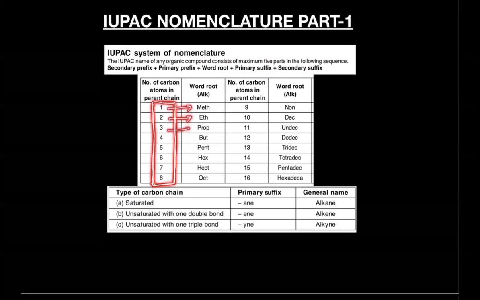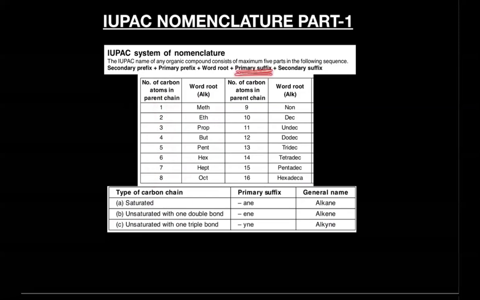If you have a single carbon atom, you choose meth. If you have 2 carbon atoms, you choose eth, and so on. If you have 6 carbon atoms, you choose hex. If you have 7, you choose hept, and the series goes on like that. You will need to remember these names in order to name IUPAC compounds. This is how you choose the word root.